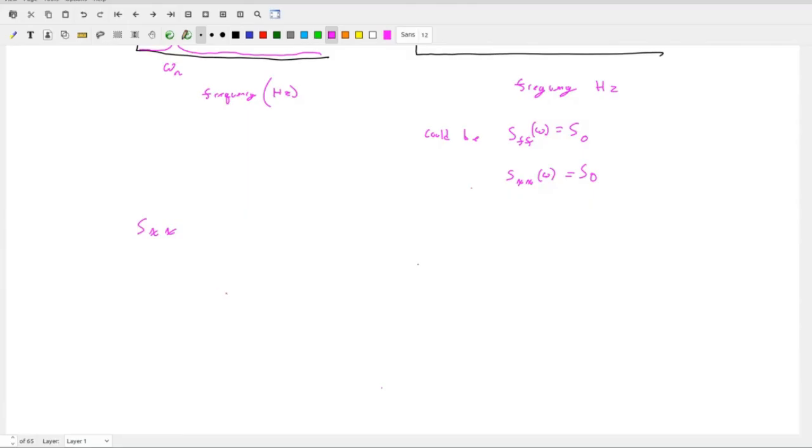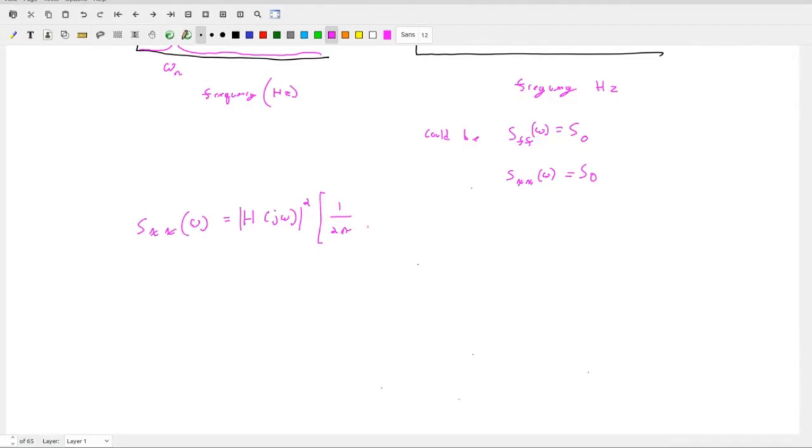And so we end up with this nice equation where SXX of omega, our spectrum of our output in the frequency domain, is equal to our transfer function for j omega, the absolute value of that squared. That happens because we're in the spectrum domain, kind of like how that voltage is squared. And we won't derive that. I should work on those notes, but it's really long, so there's no point to kill a whole week on that.